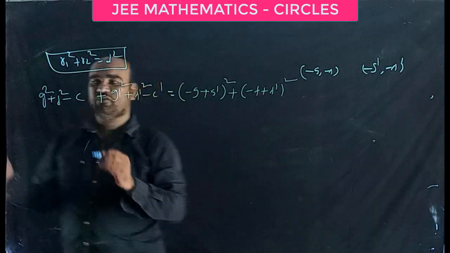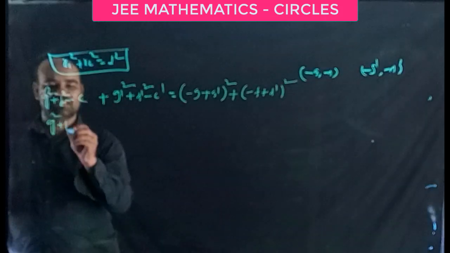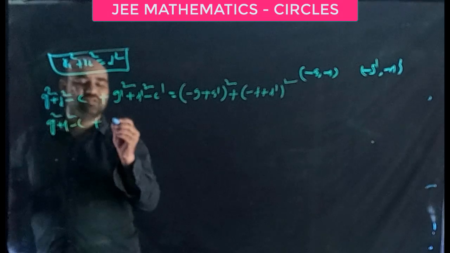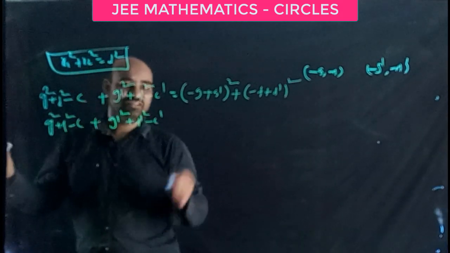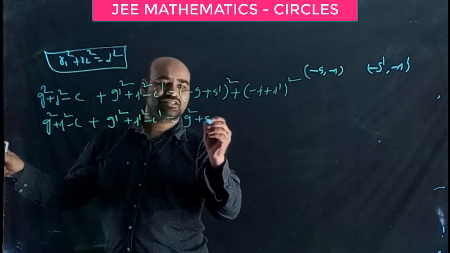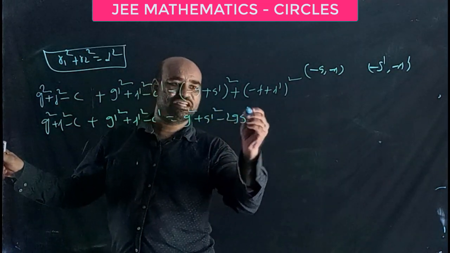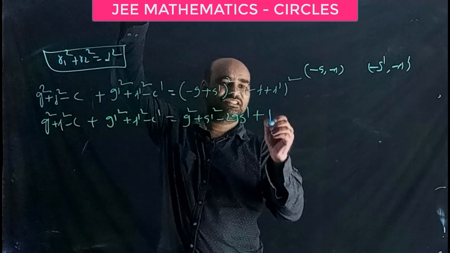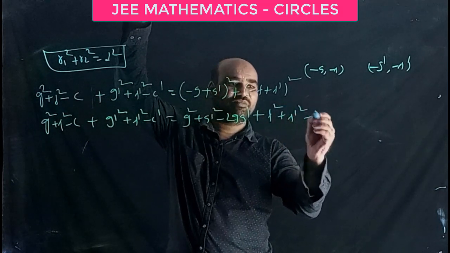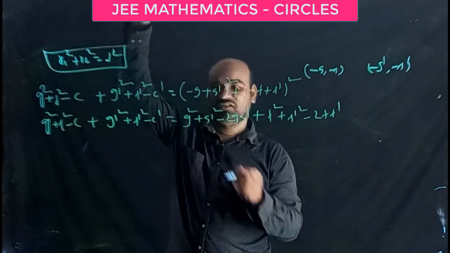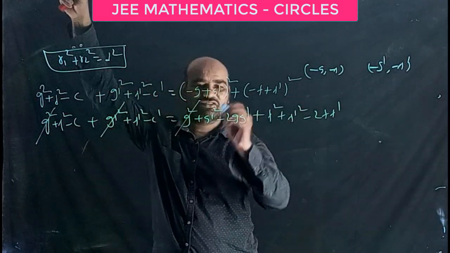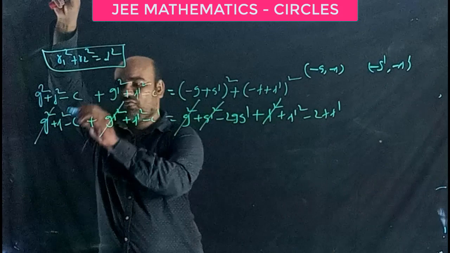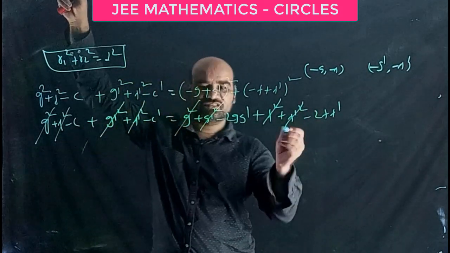Now I want to simplify this: g square plus f square minus c plus g dash square plus f dash square minus c dash equal to g square plus g dash square minus 2g g dash plus f square plus f dash square minus 2f f dash. See here, g square cancels, g dash square cancels, f square cancels, f dash square cancels.